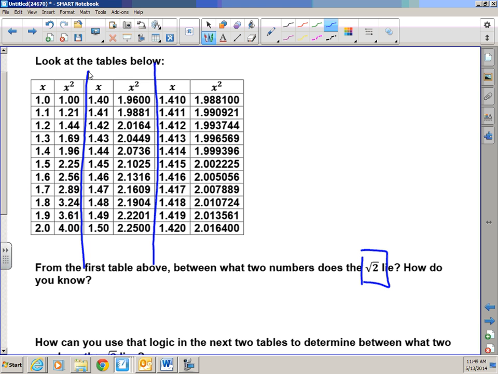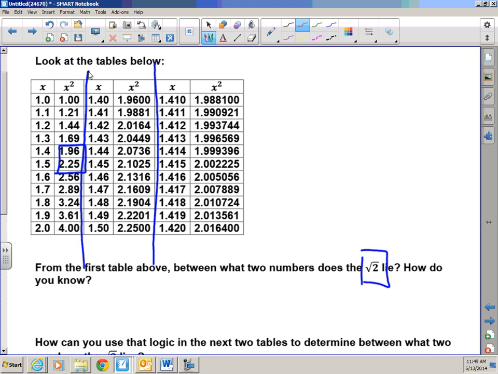So if you look at this table, x squared is the column we want to focus on, because what we're looking for is the number that, when squared, is closest to 2. Well, you'll see that it's between these 2 numbers, 1.96 and 2.25.